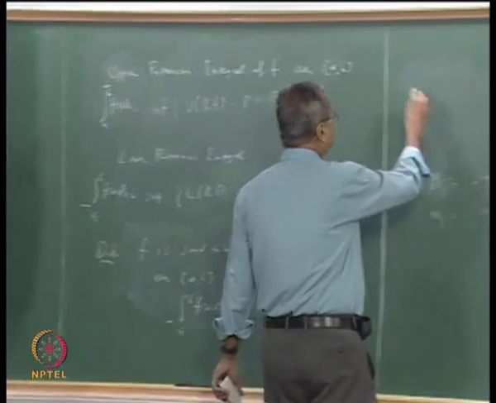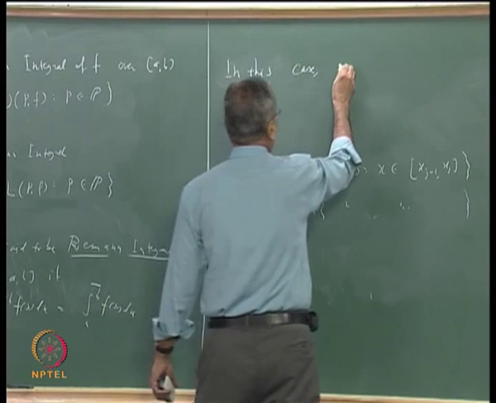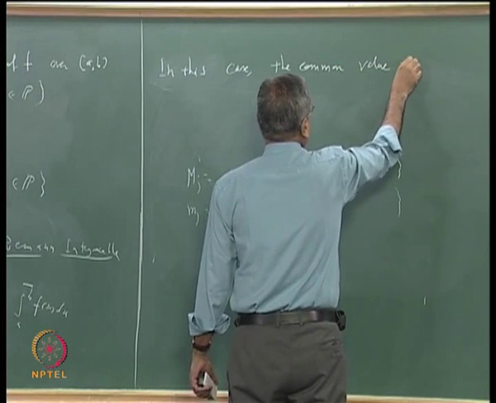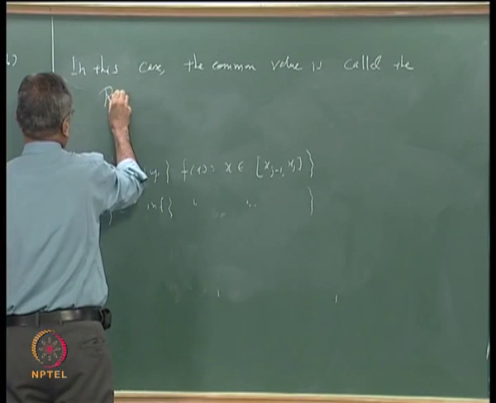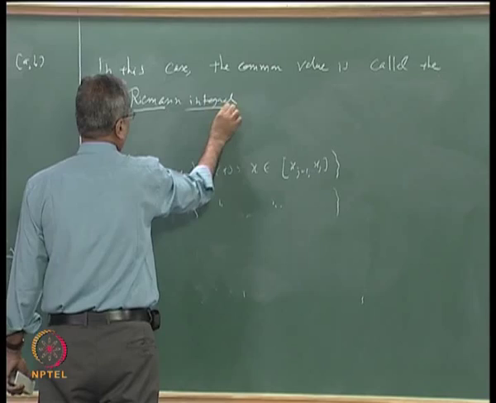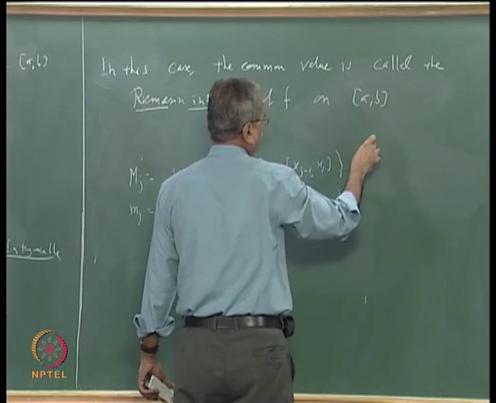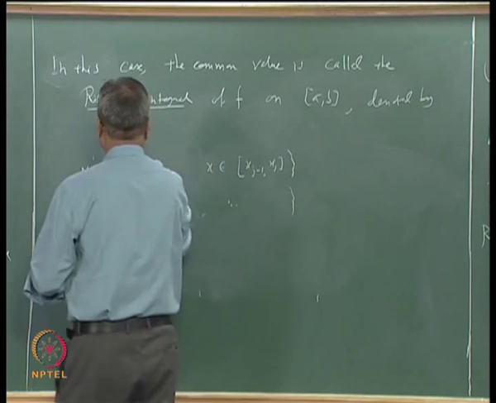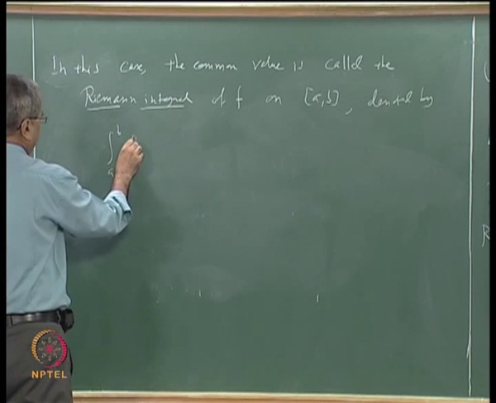So in this case, that is, when the function is Riemann integrable, the common value is called the Riemann integral of f on the interval [a, b], and this is denoted by the integral sign, integral a to b f(x) dx.